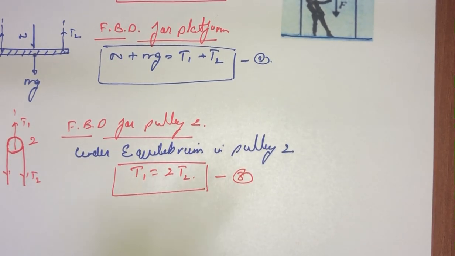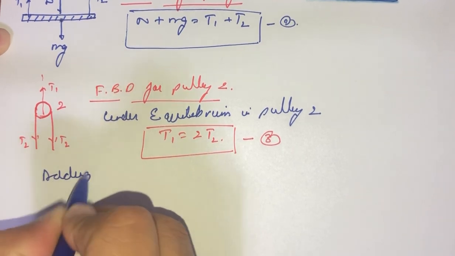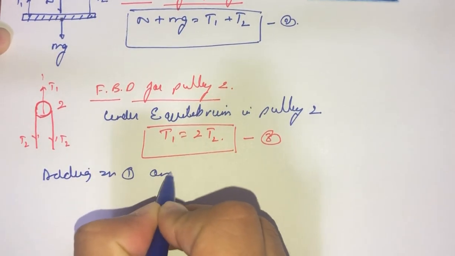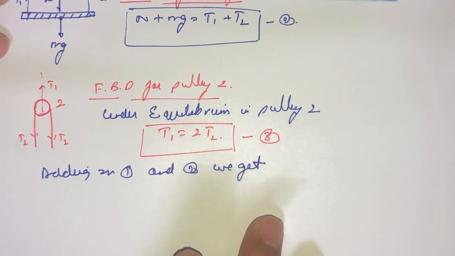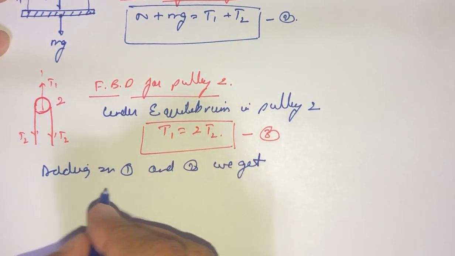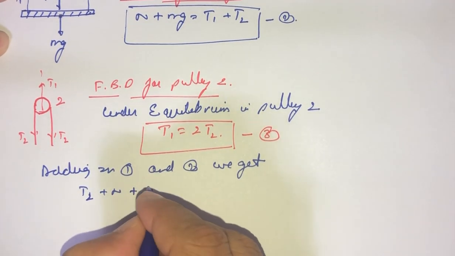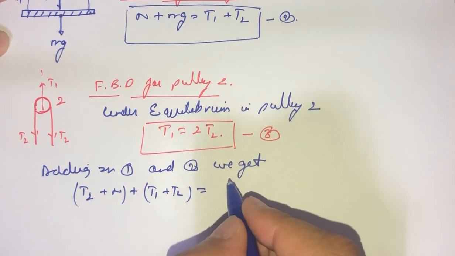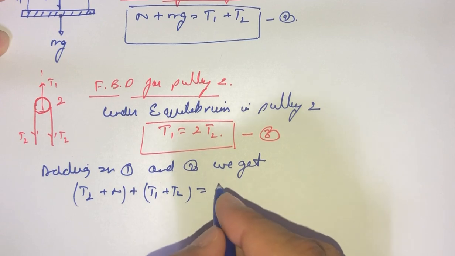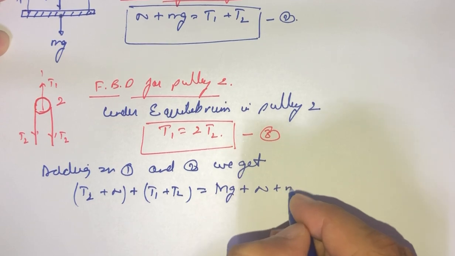Now what we do, we add equation number 1 and 2. Adding equations 1 and 2, we get T2 plus N plus T1 plus T2 is equal to Mg plus N plus small mg.